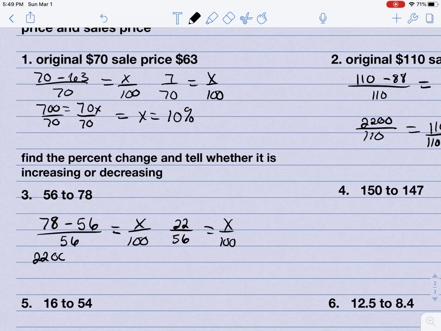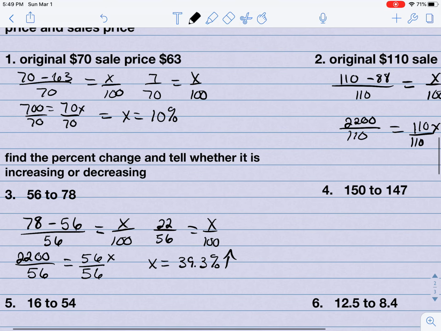So then we have 2200 over 56 is equal to 56x. Once again, you divide both sides by the coefficient 56. I keep forgetting to write this without it at first, but you are going to divide both sides by 56 to solve for x. So x is equal to 39.3%. And that is an increase. So I'll draw the arrow pointing up.